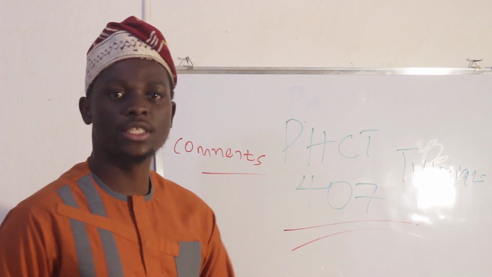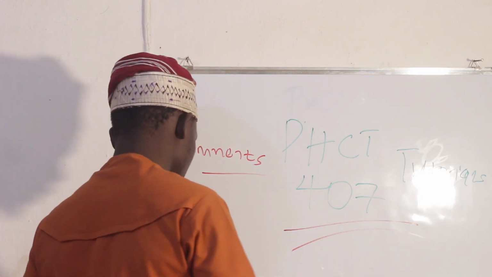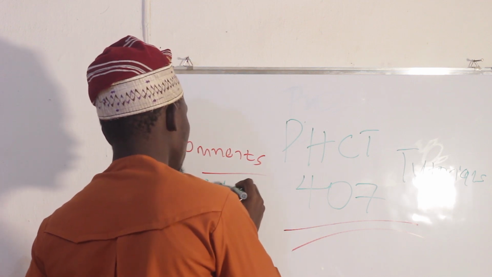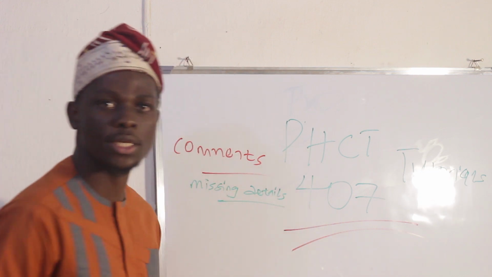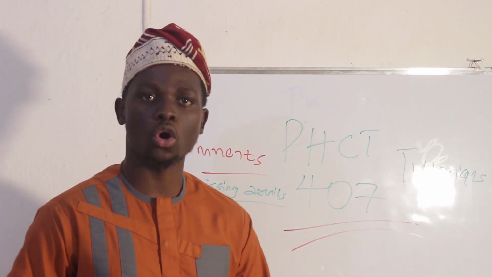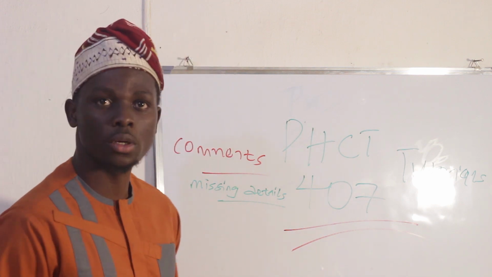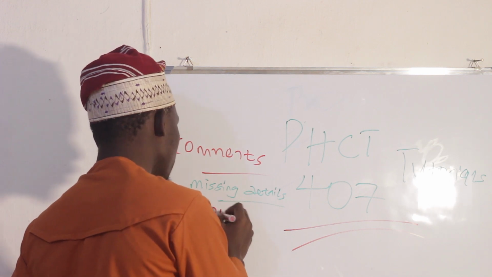Writing comments in Dispensing 407, one thing you need to keep in mind is the missing details. In Dispensing 407, you find a lot of missing details in your product or in your question. When I talk about missing details, what am I referring to? Part of the missing details you may discover is the name.